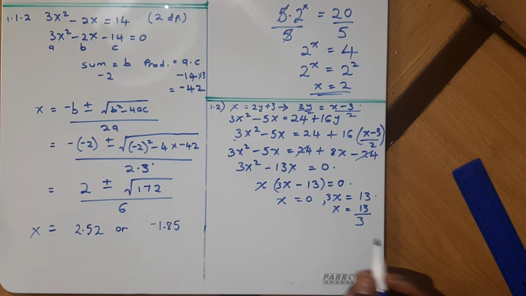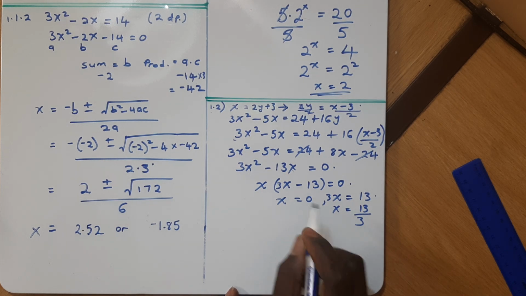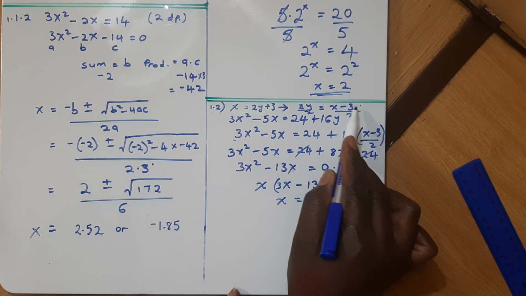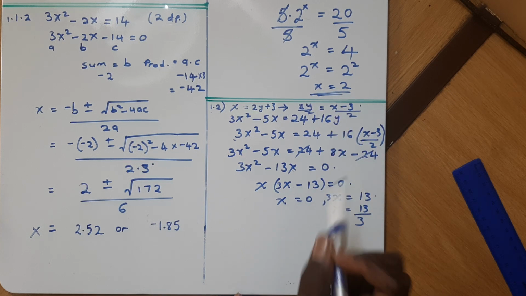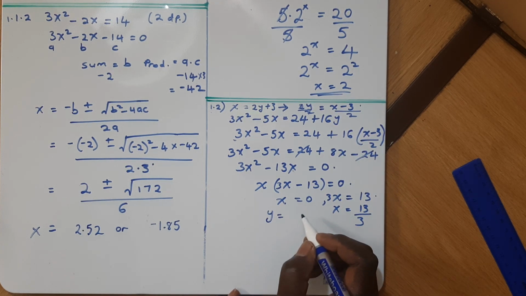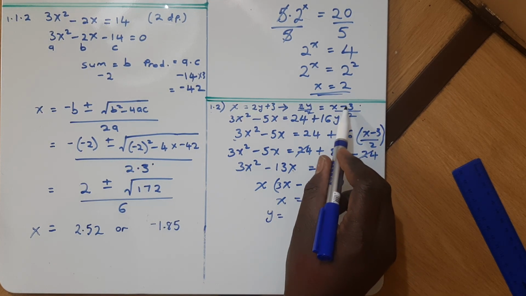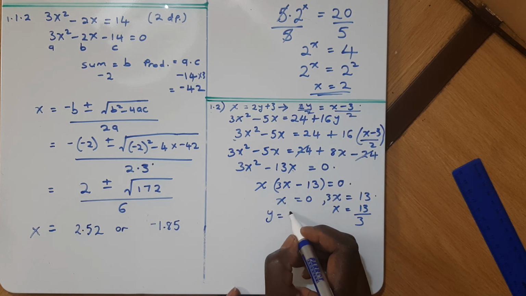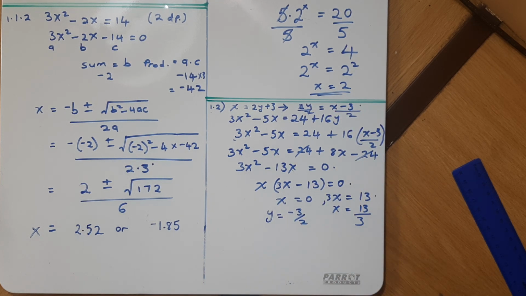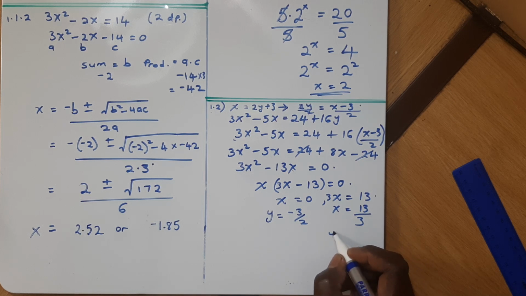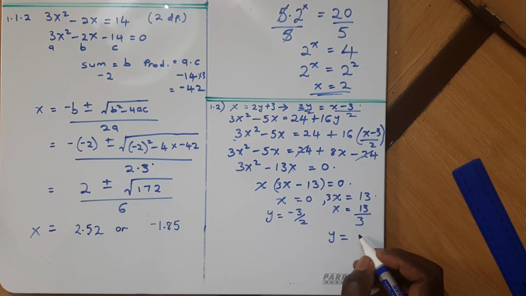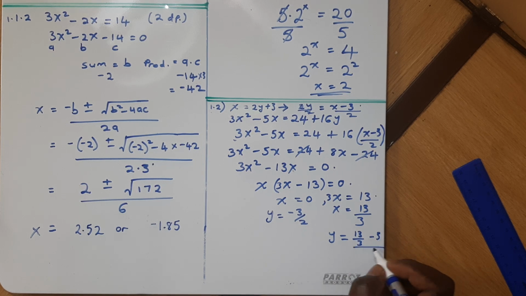So our y values, when x is 0, we substitute back into this. When x is 0, y will be 0 minus 3 all over 2. So it will be minus 3 over 2. And then when x is 13 over 3, our y will be 13 over 3 minus 3 all over 2.